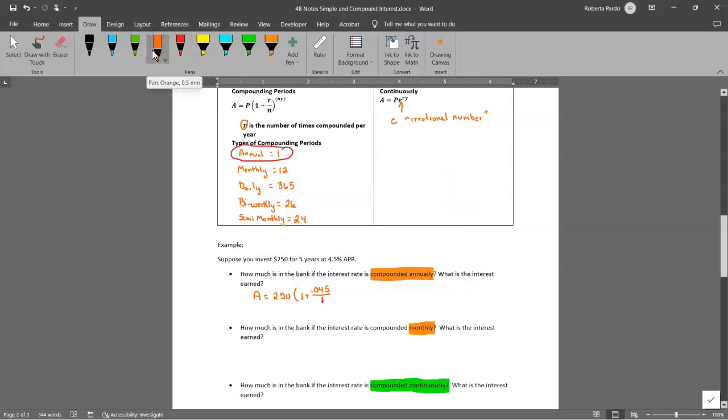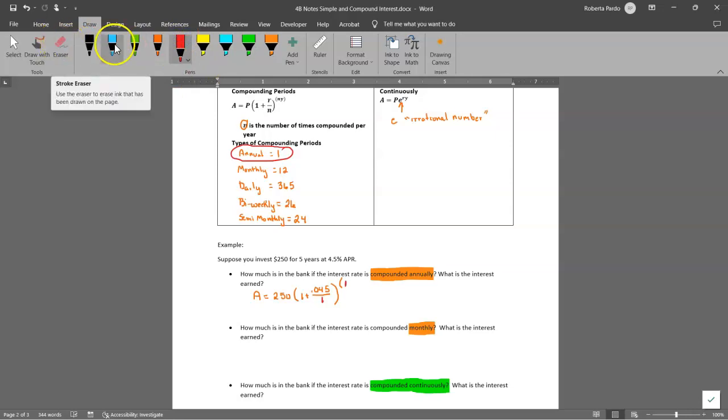And then we're going to raise this to the parentheses 1, so that same 1, times however many years we're doing this for. So that's N times Y, 1 times, in this case, 5.